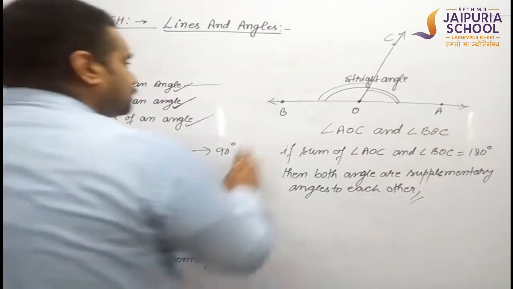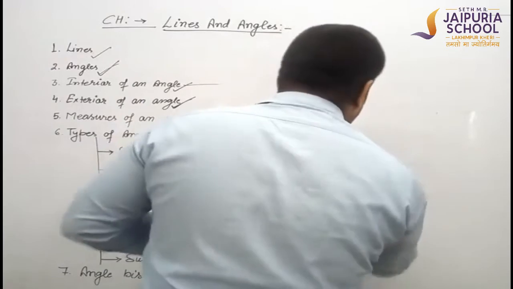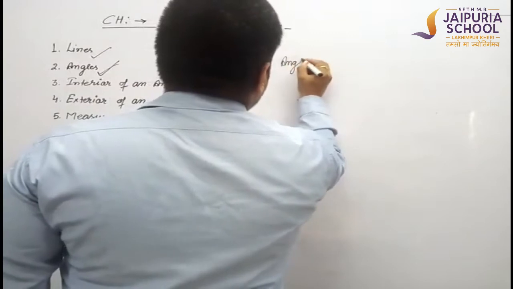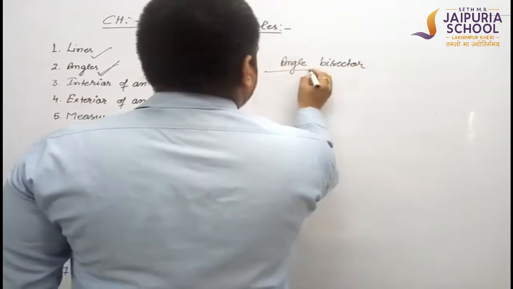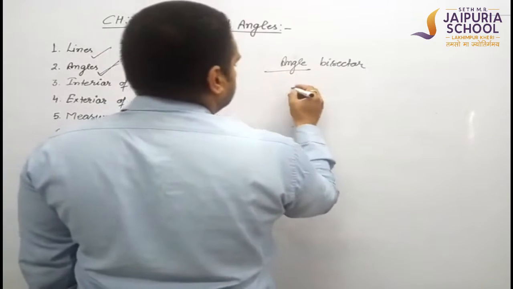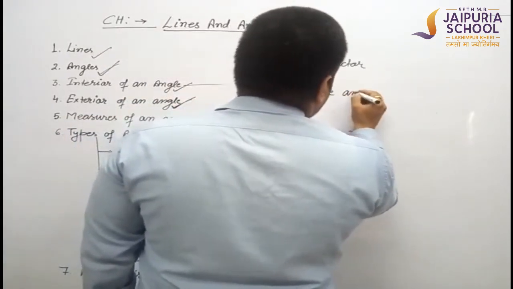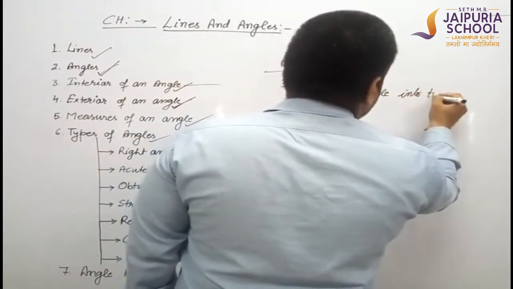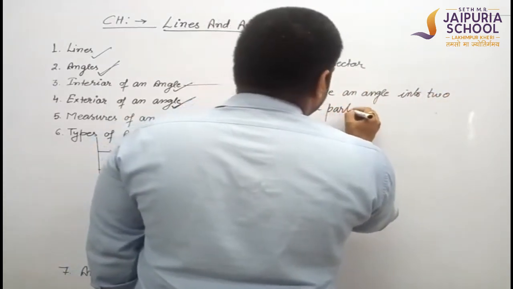Now the next topic is angle bisector. What is the meaning of angle bisector? Angle bisector means to divide an angle into two equal parts.